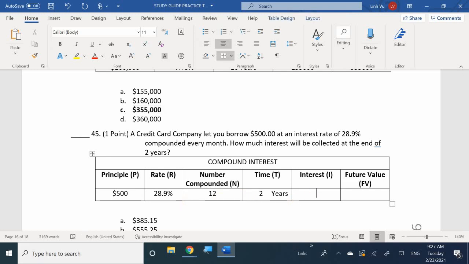So what is my interest going to be at the end of 2 years?